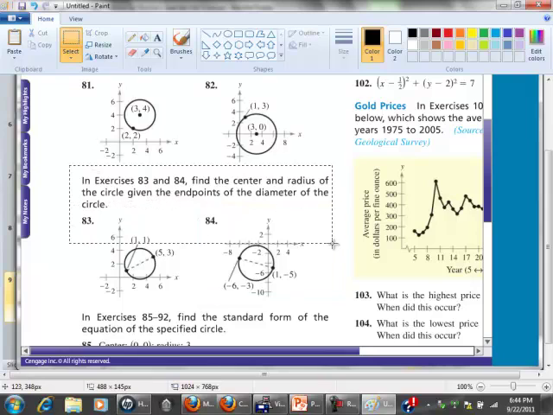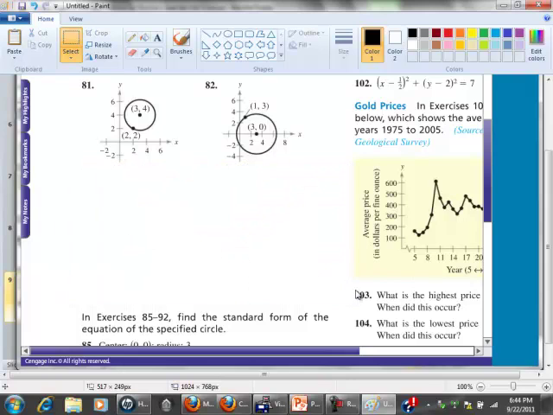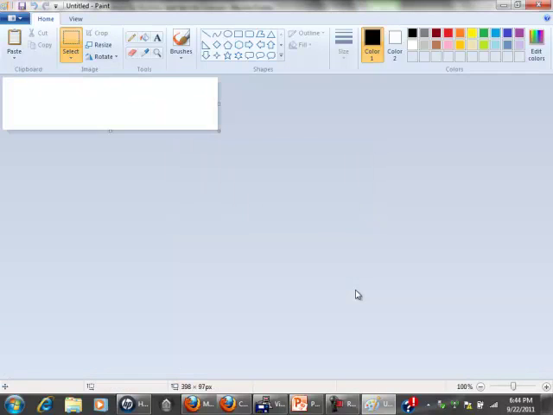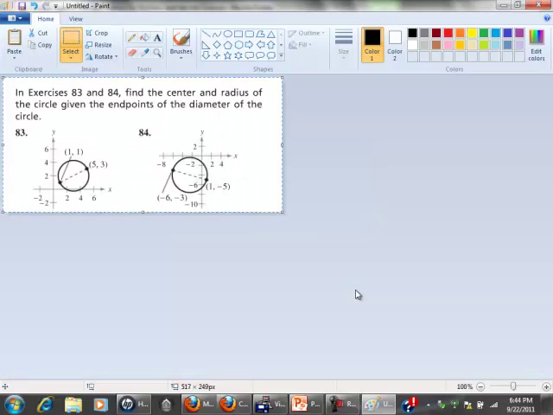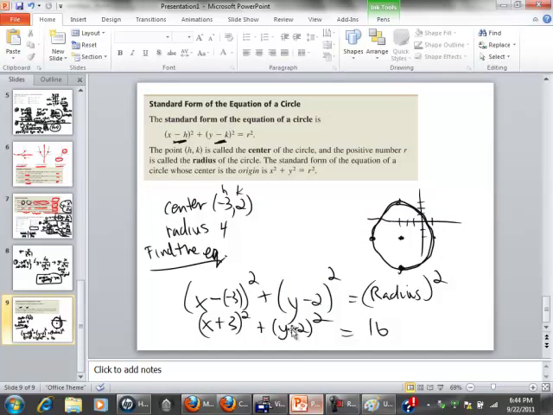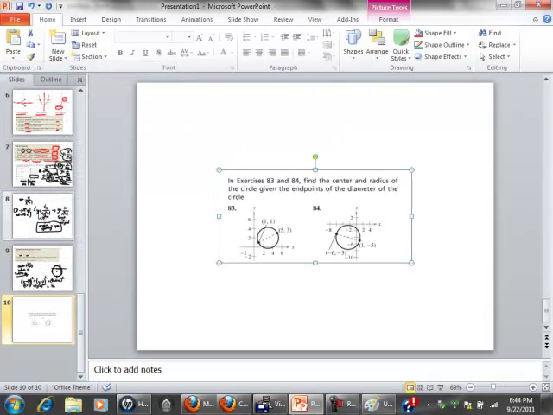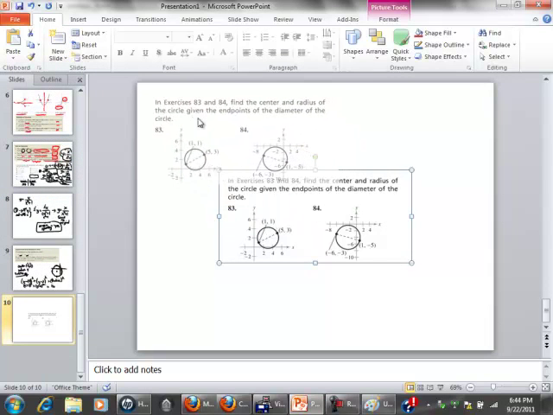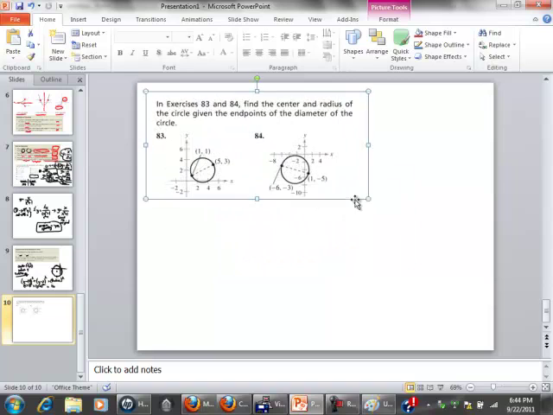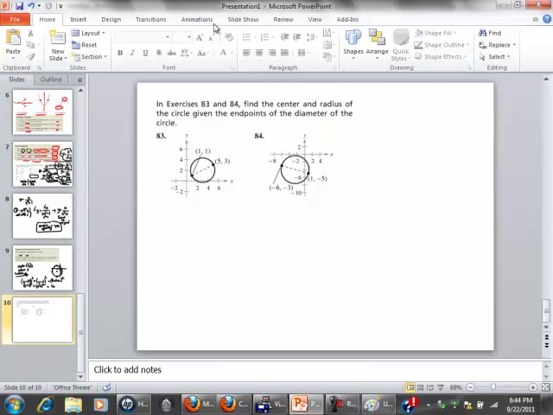In the directions, they say, and it's very important that they say this, those points are endpoints of the diameter. Okay, so we're just going to use what we learned earlier to get the equation of the circle.